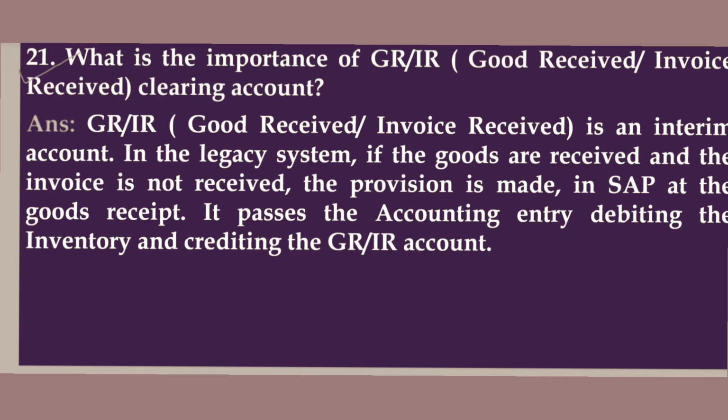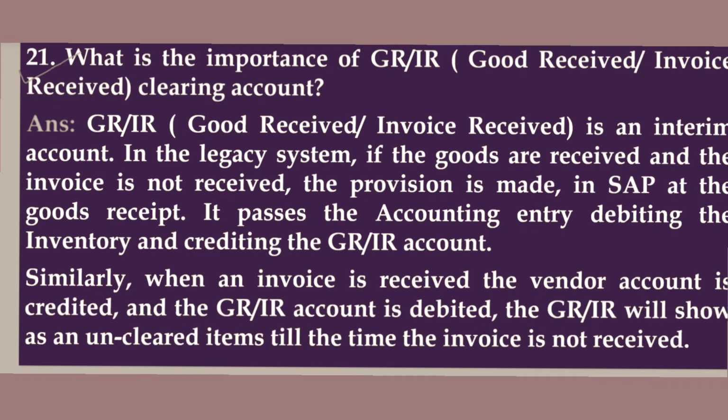It passes the accounting entry, debiting the inventory and crediting the GRIR account. Similarly, when an invoice is received, the vendor account is credited and the GRIR account is debited. The GRIR will show as uncleared items until the invoice is received.